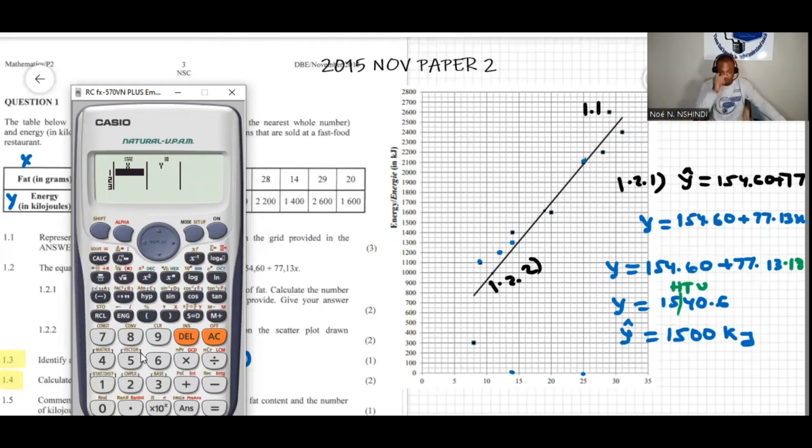For the first row, we have 9, and we press equal to validate, and then 14 equal, 25 equal, 8 equal, 12 equal, 31 equal, 28 equal, 14 equal, 29 equal, and then 20 equal. All these are the fat values.